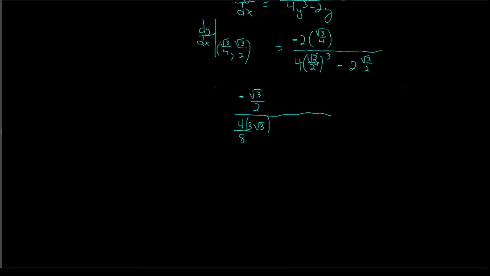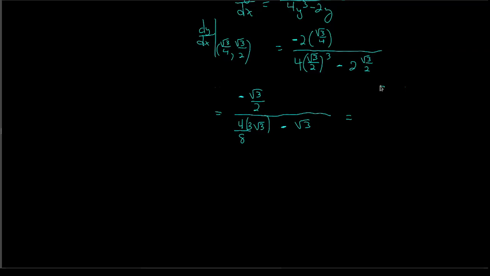Because if I cube this, I'm going to get it squared times 1 more, minus, and then these are going to cancel here. So I'm going to get root 3. I'm starting to like this. This doesn't look as bad as I thought it would be. So that's going to become 1/2.